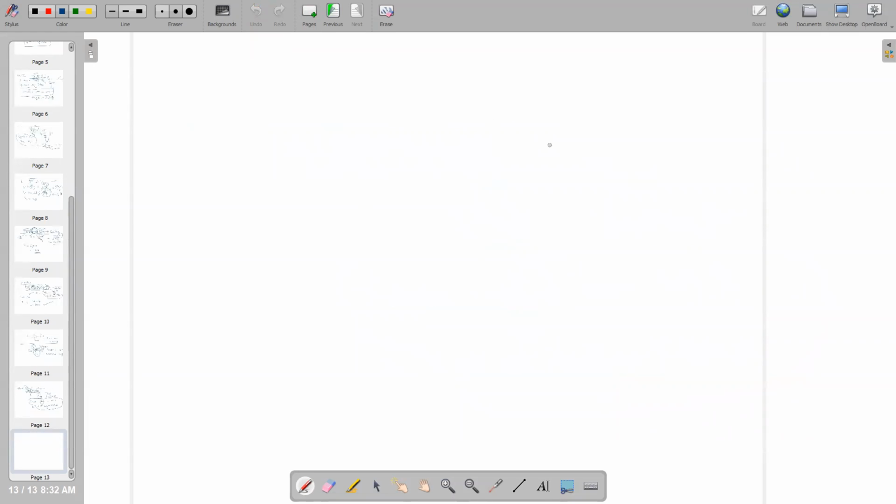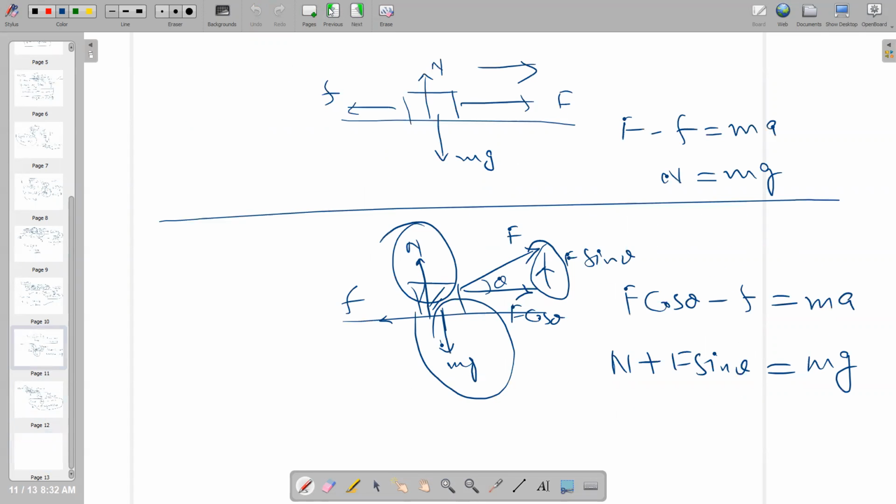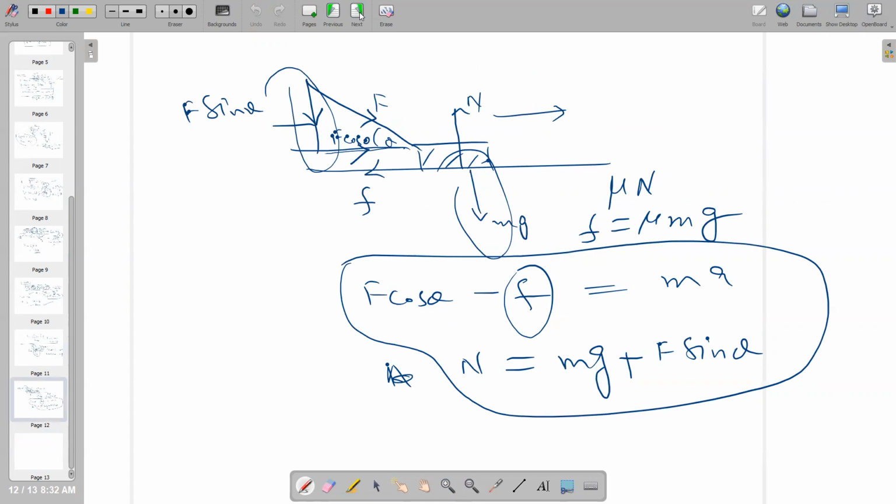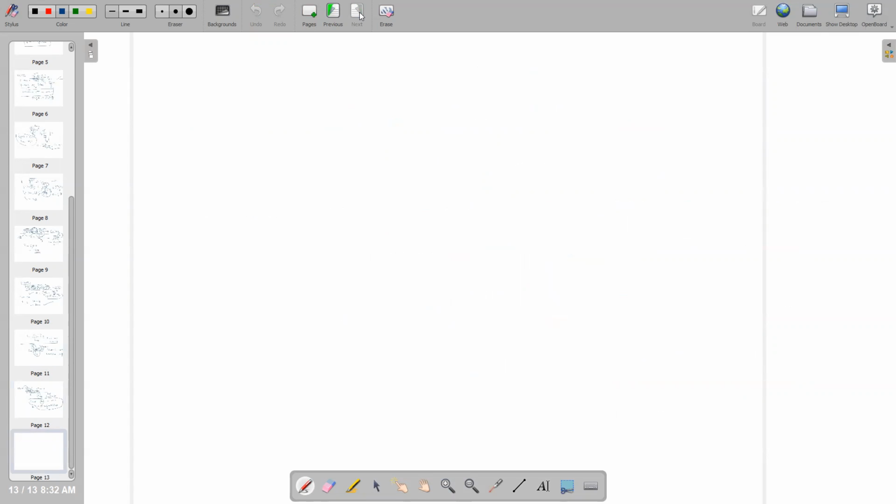Okay. After this, here I have discussed with you all the bodies placed horizontally. Now we want to discuss if the body is placed on an inclined plane. Let's see this one. So inclined plane is very important. This is the inclined plane making an angle theta. So this is the body, this is the weight, and this is N, and this is the component of mg.